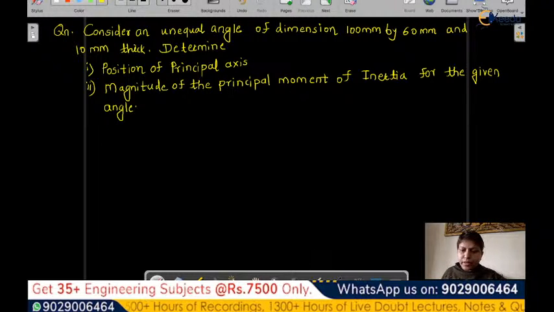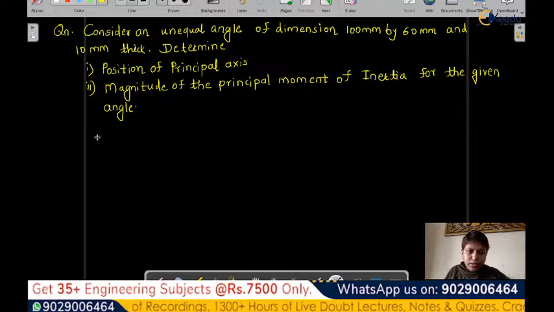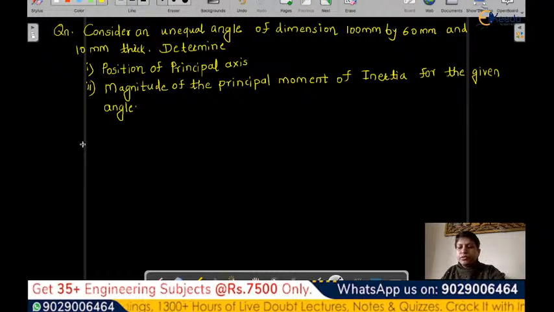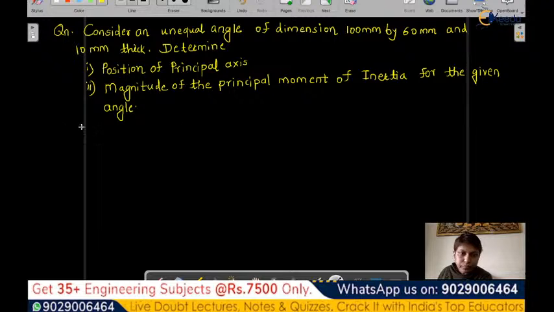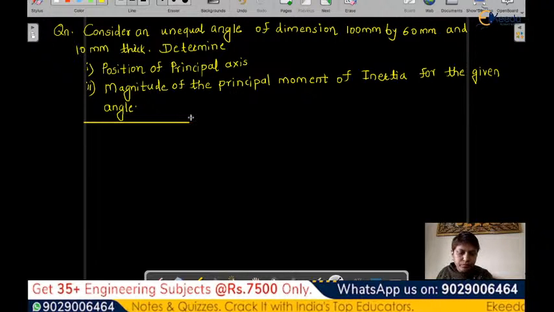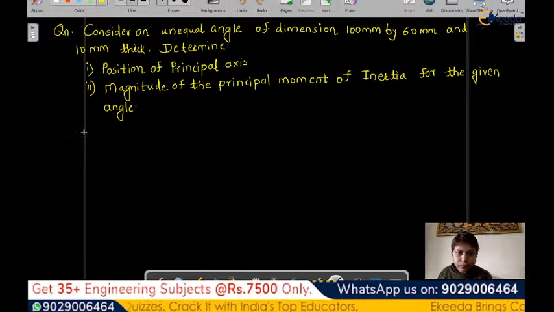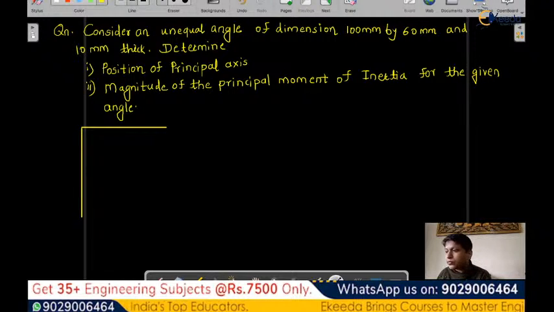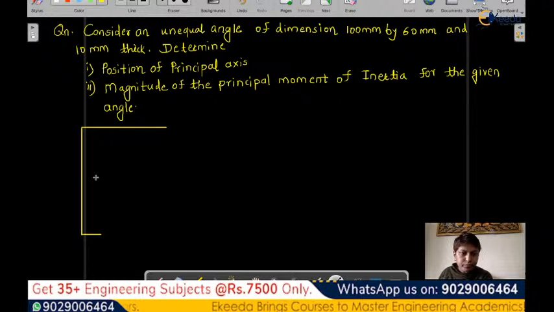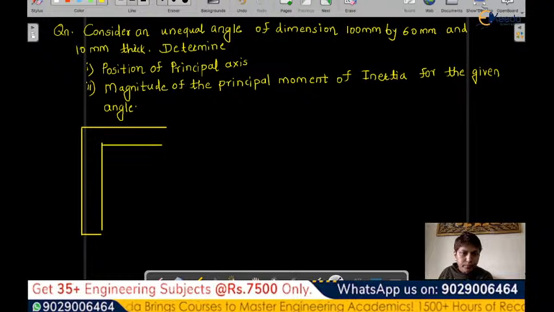Please draw this diagram. So how does the angle section look like? Let me just draw it. This is 100 and this side is 60.